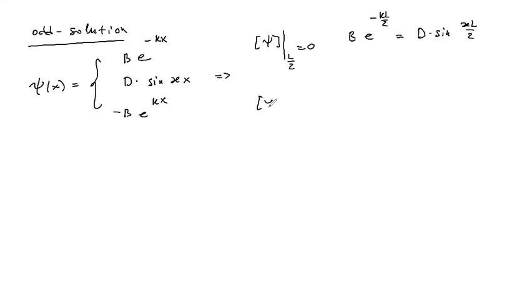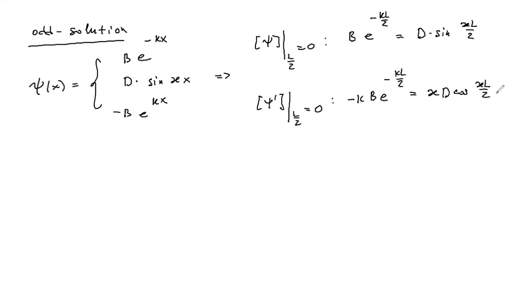What about the continuity of the derivative of the wave function? What condition am I going to have? From this side, you take derivatives, yes? Minus k goes in front. So minus k B exponent negative k L over 2 is equal to kappa D cosine kappa L over 2.